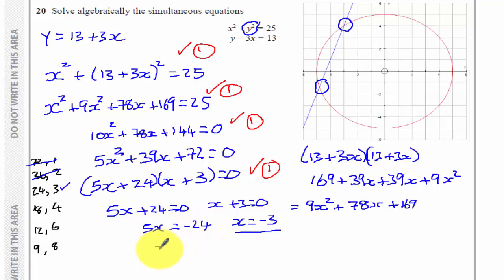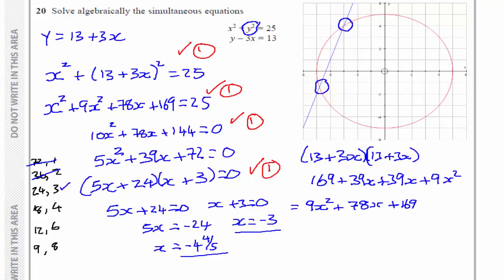Minus 24 divided by 5 is minus 4 and 4/5. So I have my two x values. And even though you shouldn't waste time drawing it in the exam, you can see they're about right. x is minus 3, look, up here, and x is minus 4 and 4/5, just before 5.